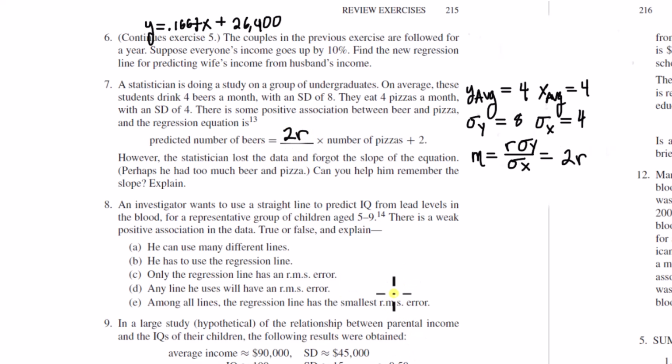Now let's see. Can maybe RMS help us? Because we know that RMS is the square root, right? We have sigma y. We don't have r, but can we get the RMS? I don't think so. Okay, let's try this.